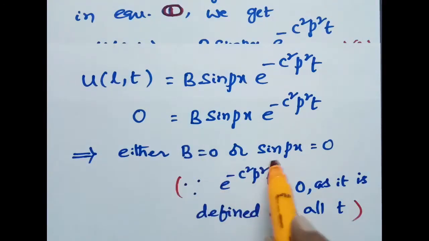Therefore, either b equal to 0 or sin px is equal to 0. Now check which one.